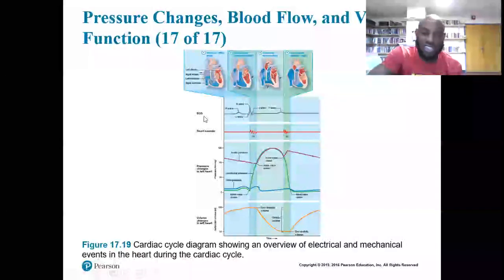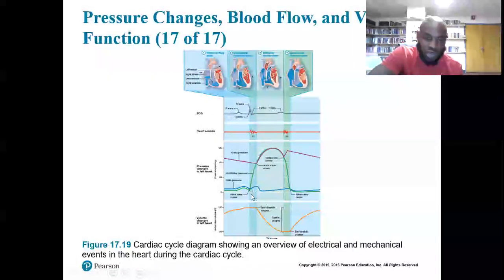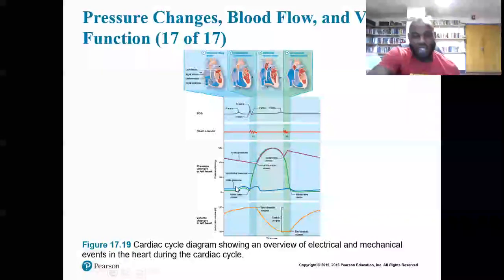Right, so this is the ECG matched up with the heart sounds, matched up with the pressure. Notice how pressure increases greatly when you go into the ventricular contraction. That's where you have the highest amount of pressure. Depolarization of the ventricles, closing of the valves between the ventricles and the atrium, high pressure, ejection of blood through the pulmonary and systemic circuits.